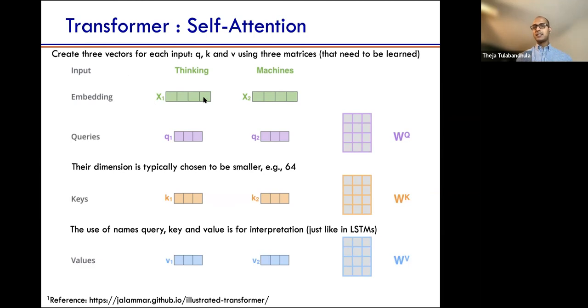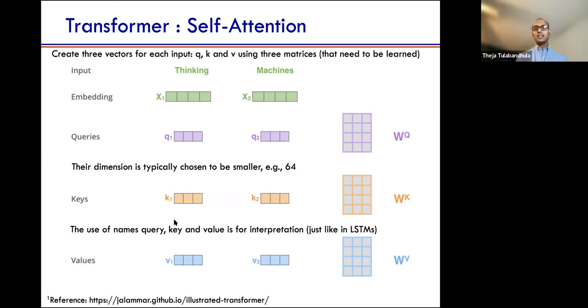From there, we got the embeddings, say pre-trained word embeddings, word2vec if you want, X1 and X2. What we do in the self-attention layer is create three vectors: Q1, K1, and V1, corresponding to the embedding X1, and Q2, K2, V2, corresponding to the embedding vector X2. Basically, each embedding vector results in three new vectors.